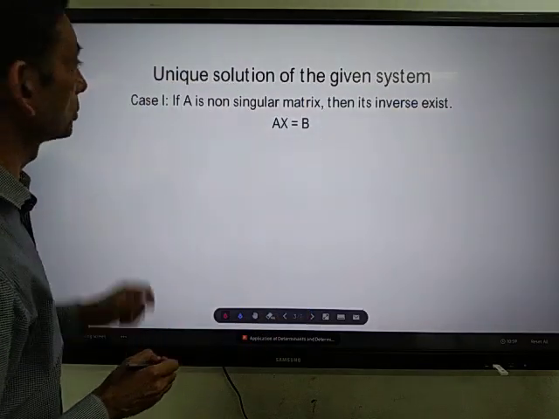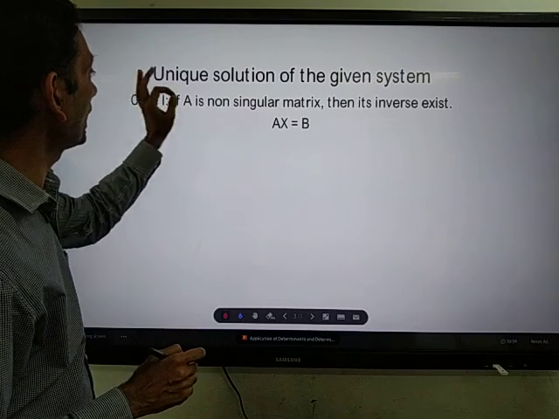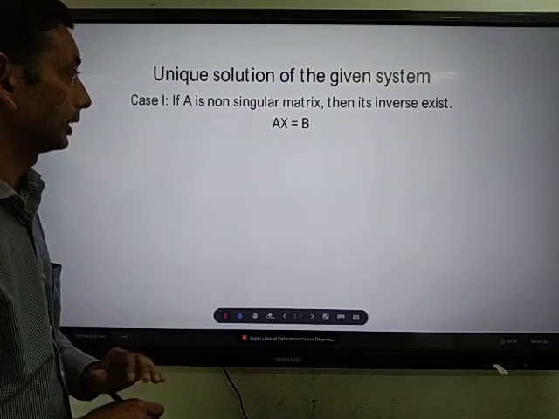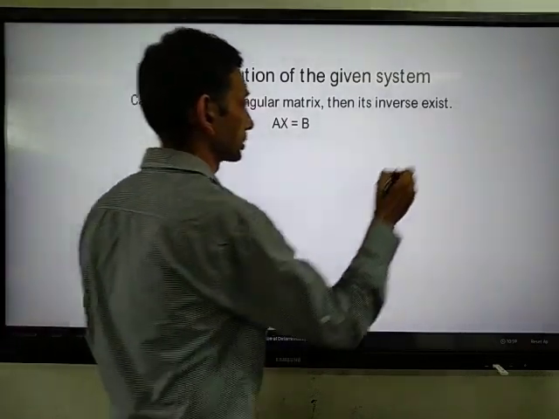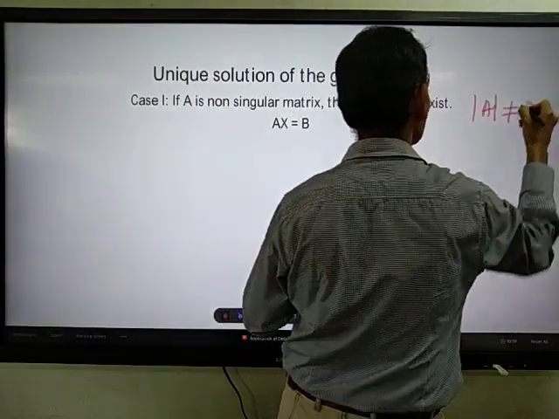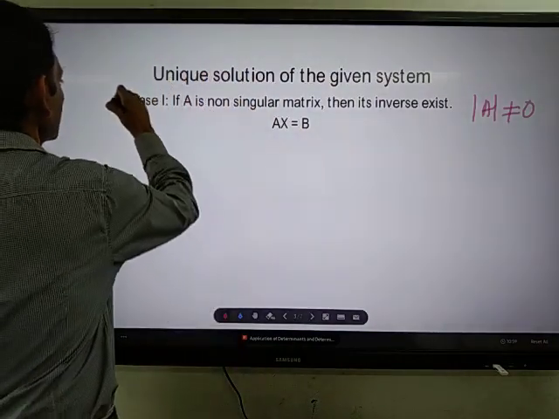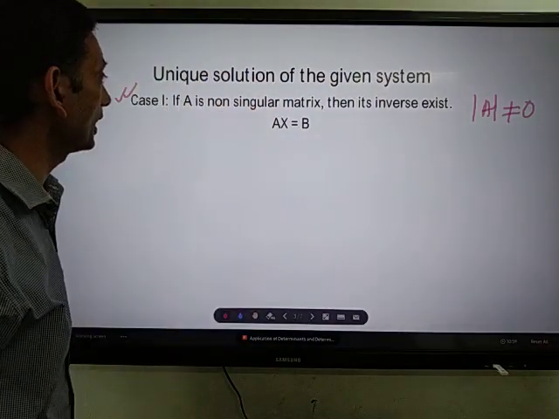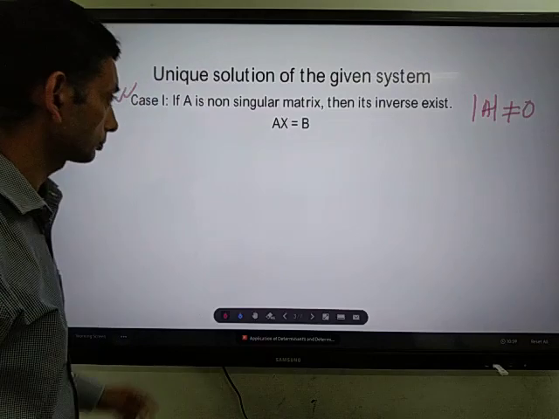So there are two cases. Case 1: if A is a non-singular matrix, then its inverse exists. Non-singular matrix means determinant A is not equal to 0. We'll first discuss the case that A is a non-singular matrix.